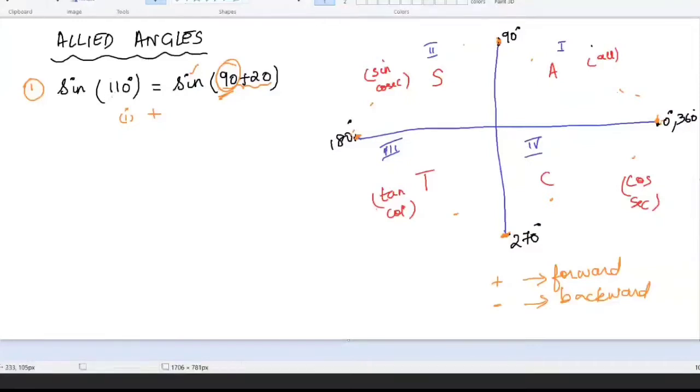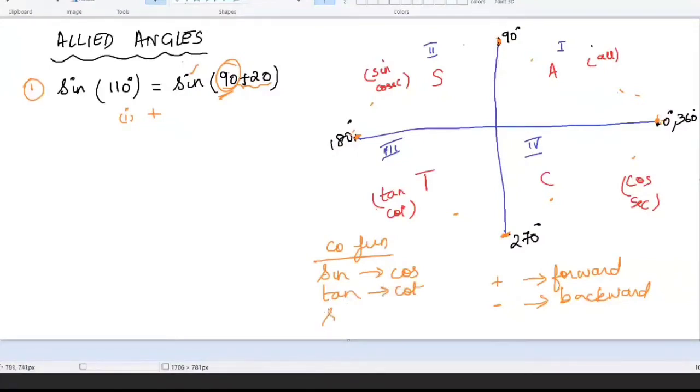So first step, I checked which quadrant, and in that quadrant whether this function is positive or negative. So I wrote the sign plus. Second step, I check 90 degrees lies on the standing line, so I have to change to cofunction. The cofunction of sine is cos, and cos's is sine back. The cofunction of tan is cot, and cot's is tan.